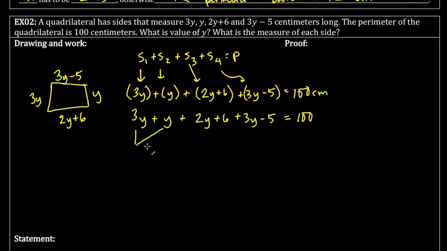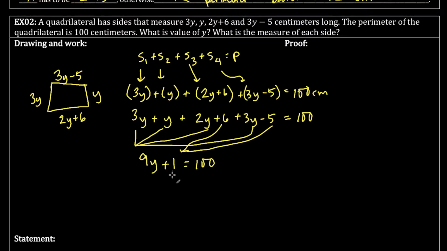3y plus y plus 2y plus 3y. 3, 4, 5, 6, 7, 8, 9. So 9y. And then we have plus 6 minus 5, which is plus 1 equals 100. Now let's go ahead and solve for y.